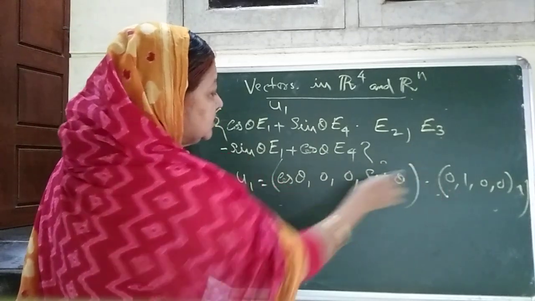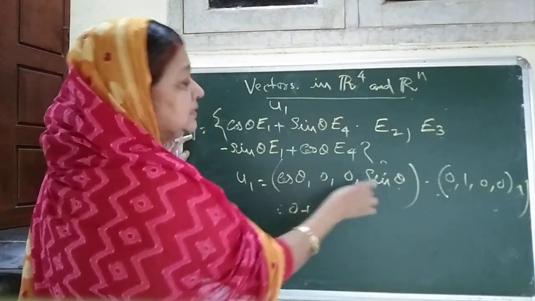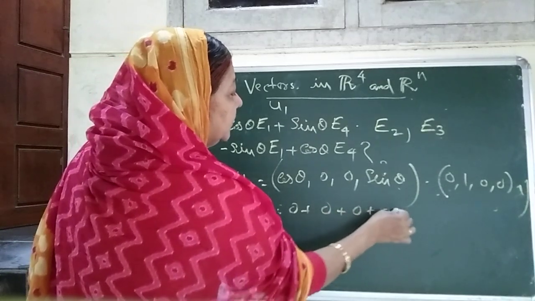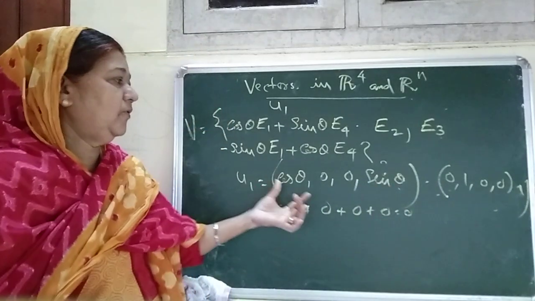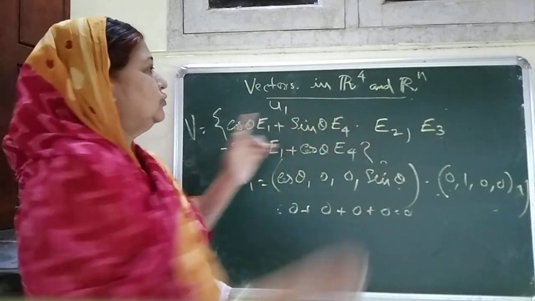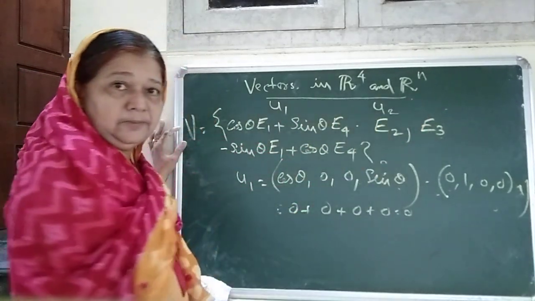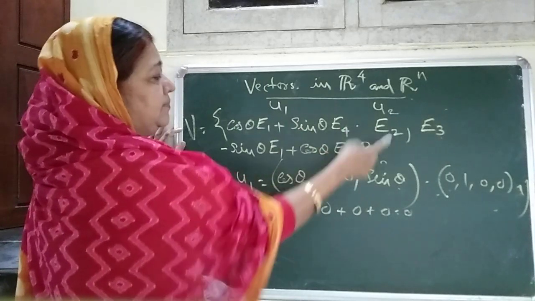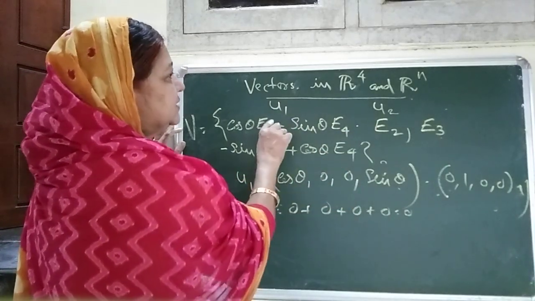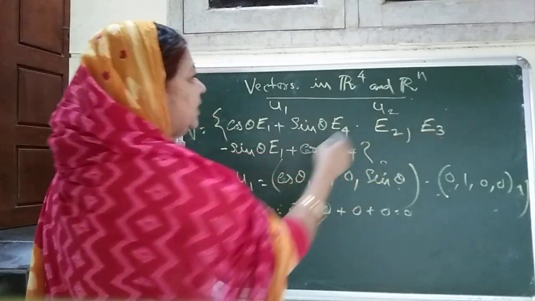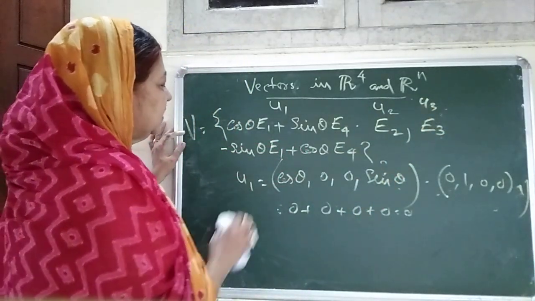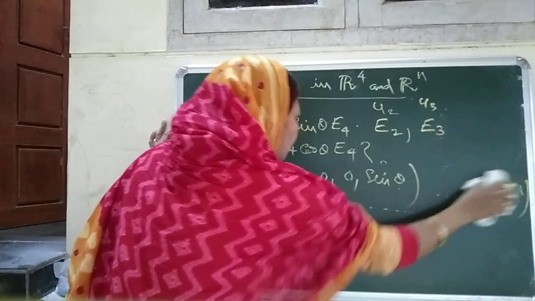Cos theta into 0 plus 0 plus 0 plus 0 equal to 0. Therefore, U1 and U2 are orthogonal. Similarly, the angle between these two is 90 degrees. Similarly, we can see that U1 and U3 is also 0. Also, we have to check U1 and U4.